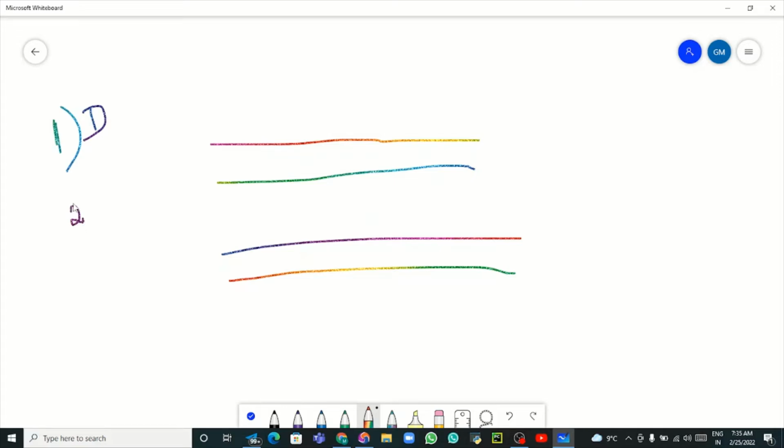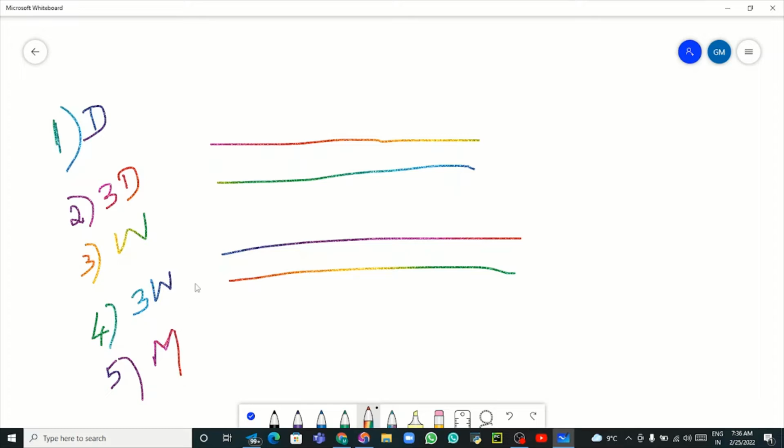Next opportunity will be the 3D time frame, the next will be the weekly time frame, the fourth opportunity is the 3W time frame, and the fifth opportunity is the monthly time frame. Right? This is the maximum.